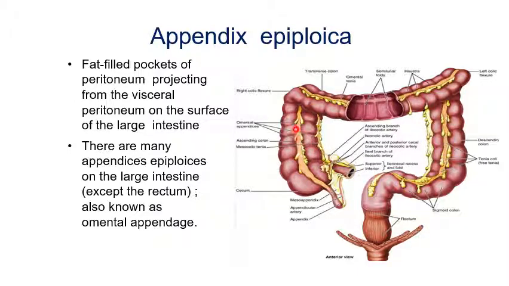They can be seen on the surface of the large intestine, and these are fat-filled. They are present everywhere except on the rectum, and we also call them omental appendages. So these are the appendices epiploicae.